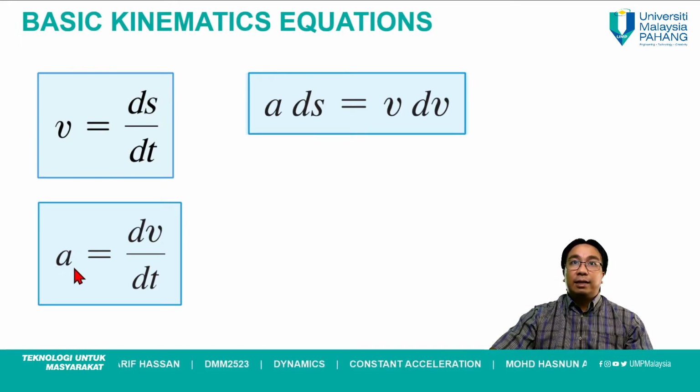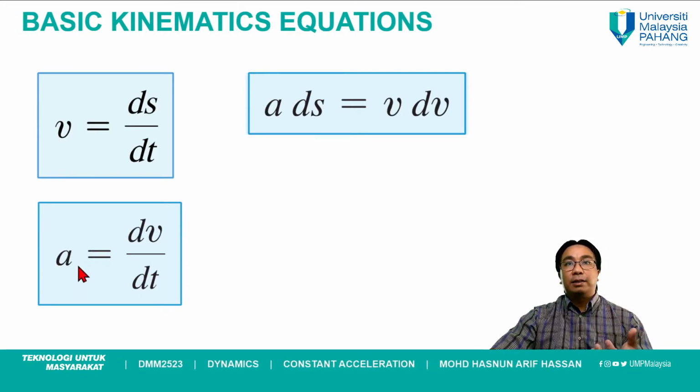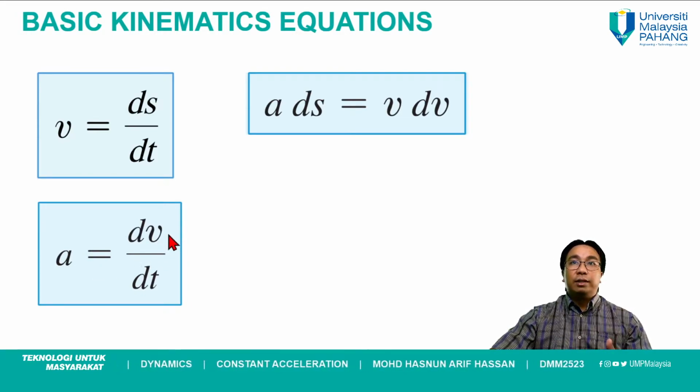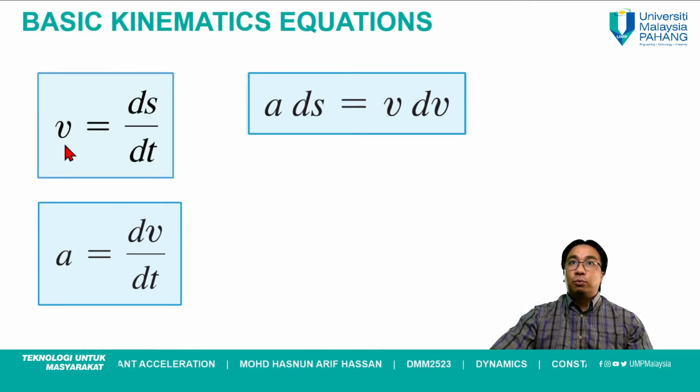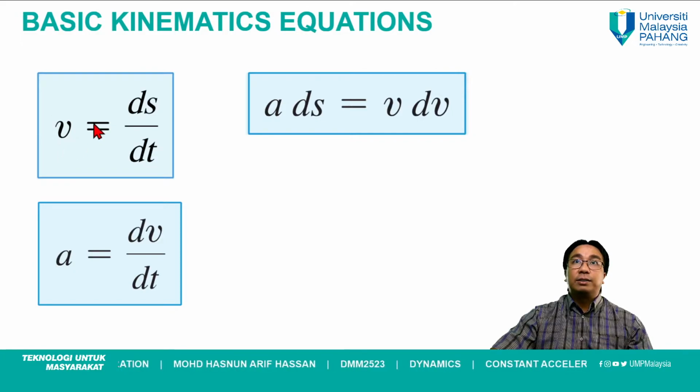Tadi kita ada a yang diberi kepada kita is the acceleration. We have derived the velocity punya function. Now once we have the velocity punya function, then we can derive the displacement punya function. Okay. Now let me go back to the slide tadi.